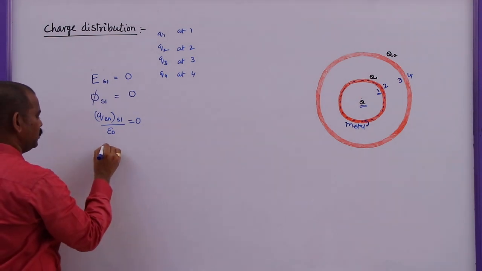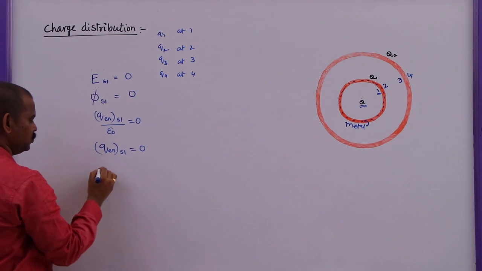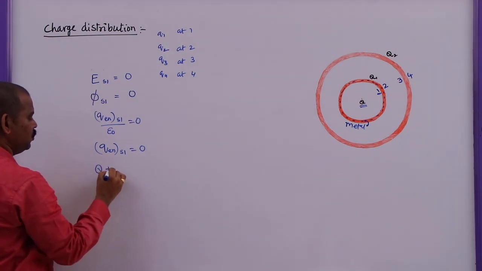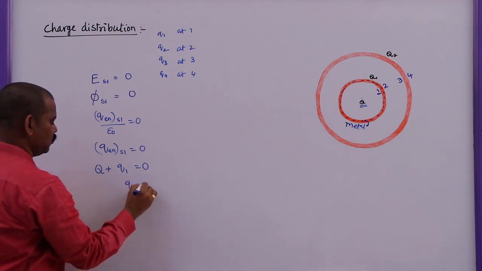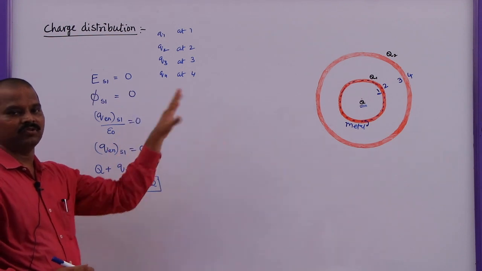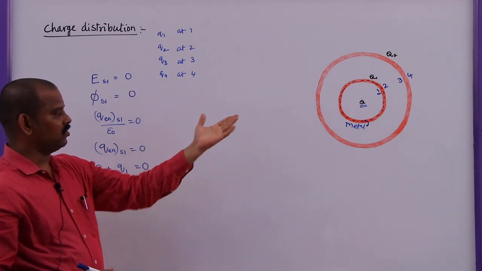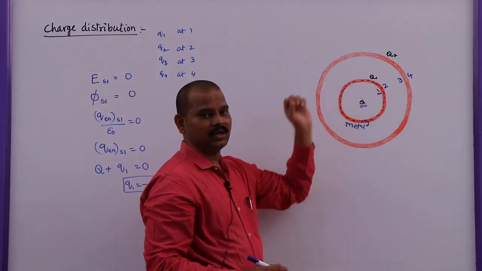So the charge enclosed is 0, which means the total charge Q plus Q1 is equal to 0. So Q1 is minus Q. This is the result we can also get by the induction process. That means, by the concept of induction, whatever charge is present at the center, the same amount of opposite charge will be induced inside this one.